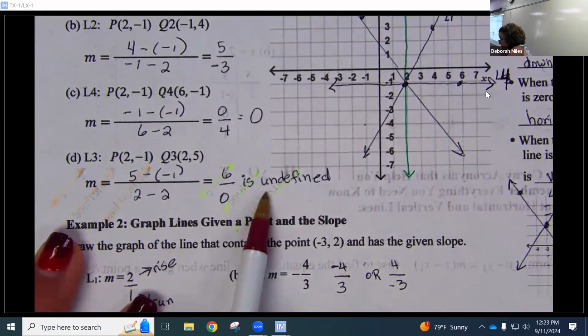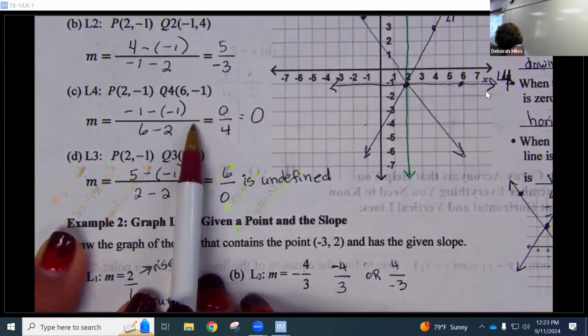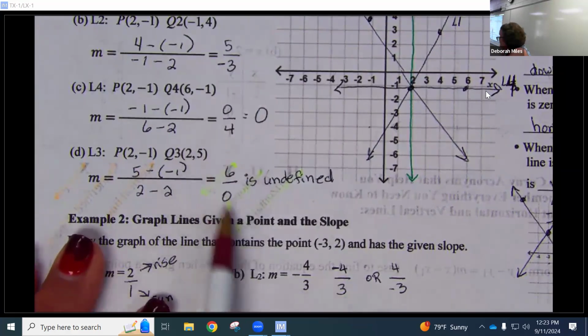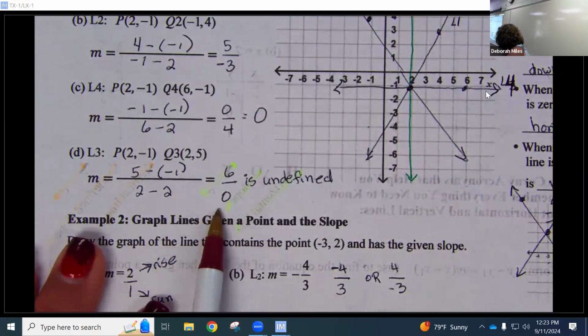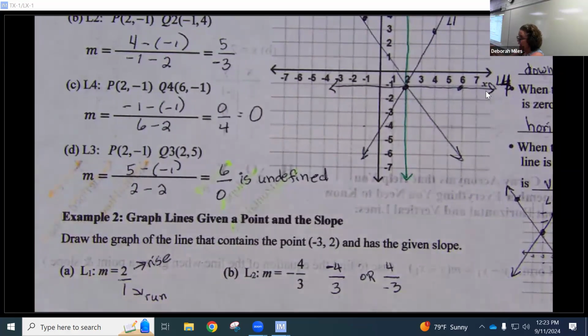I don't know. Slope is a fraction. If you have 0 in the numerator of a fraction, that fraction is equal to 0. If you have 0 in the denominator of a fraction, we say that's undefined. We never say some fraction equals the word no. So don't use no slope.